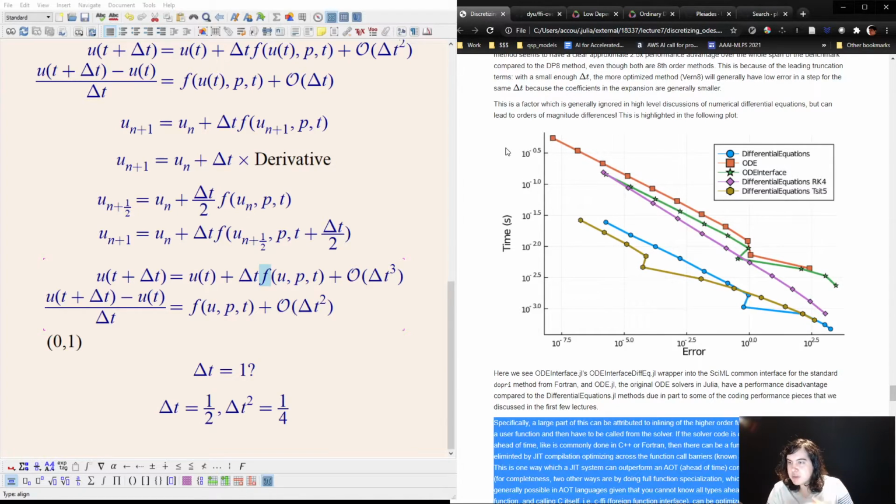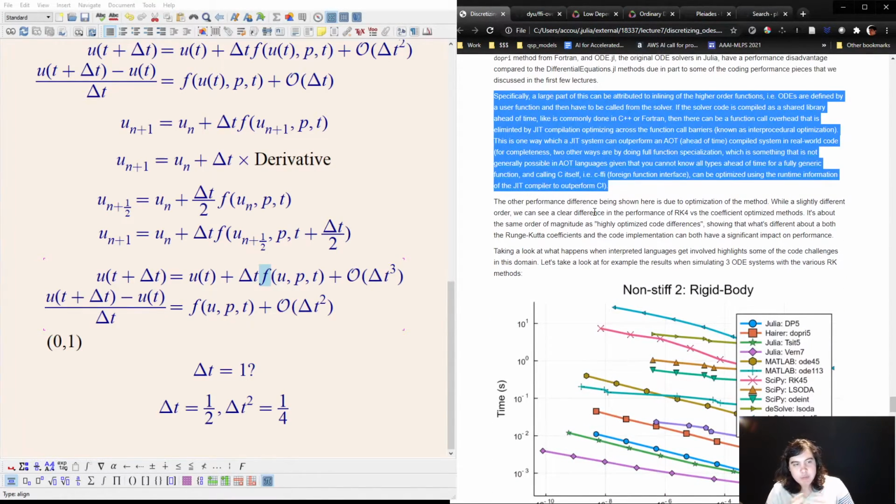How much that matters depends on whether the function call itself is relatively large in consideration to the amount of work being done in that function, which, remember, a function call is 10 to 100 cycles. So are you going to be doing more than 10 to 100 cycles within your f call? It's problem dependent, but you can start to understand all this to know when it's going to matter and when it's not going to matter.